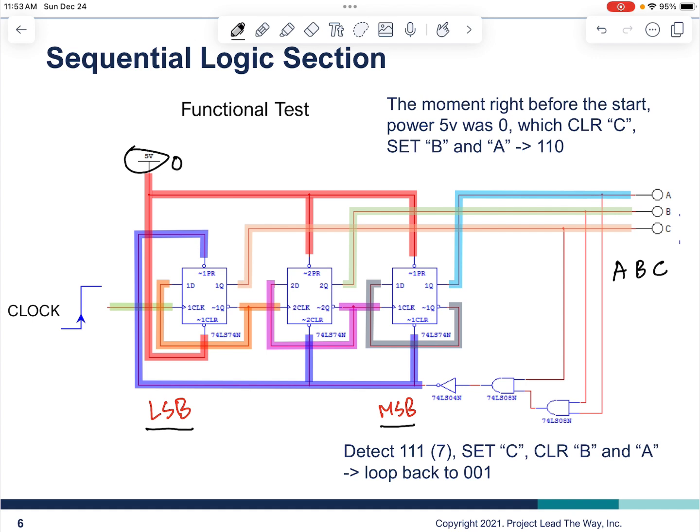That will go here, and go here, and it will clear the C and set the B and A, so 1, 1, 0. So when you run the simulator, most likely when you start, you will see 1, 1, 0. Okay?